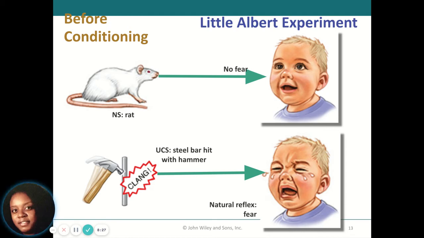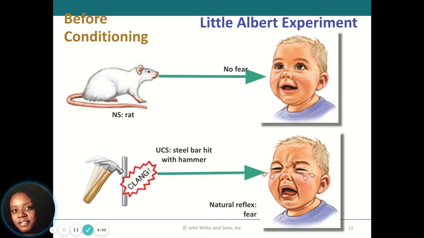So they took this little boy who was only 9 months old, and they decided to see if they could make him fear a rat. Because the truth is, a rat is a neutral stimulus to a 9-month-old. They don't know to fear a rat. Fearing a rat or a snake or a spider is all a conditioning. You've learned to do that if you're afraid of those things. Many people are afraid of dogs through learning, through their experiences.